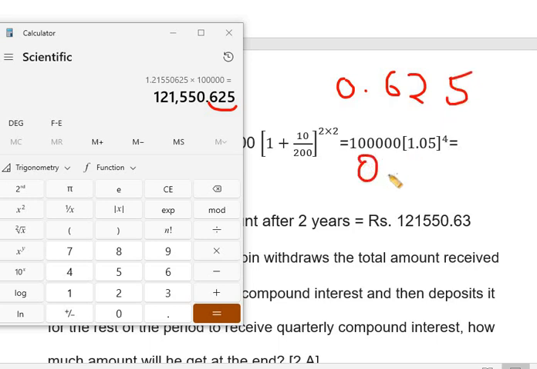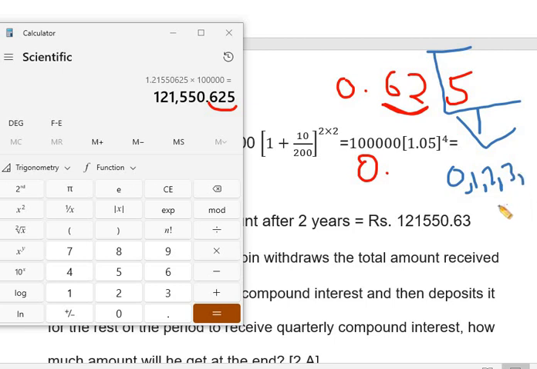Now if you want to put only 2 digits after the decimal, then you should neglect or leave the third digit. When neglecting or removing the third digit, you should check the number being removed. If it is 0, 1, 2, 3 or 4, you can directly remove it.